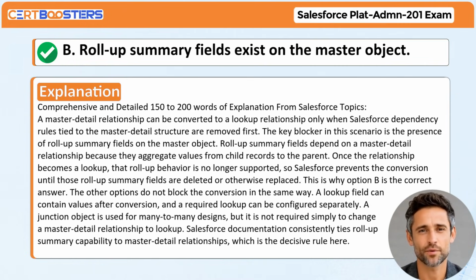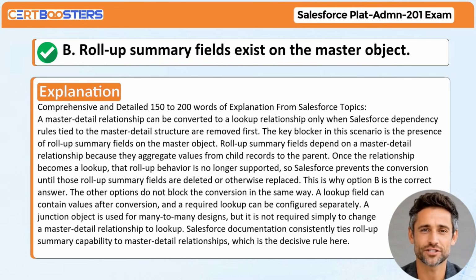Explanation. A master detail relationship can be converted to a lookup relationship only when Salesforce dependency rules tied to the master detail structure are removed first. The key blocker in this scenario is the presence of roll-up summary fields on the master object.